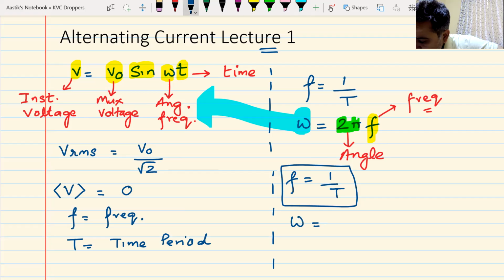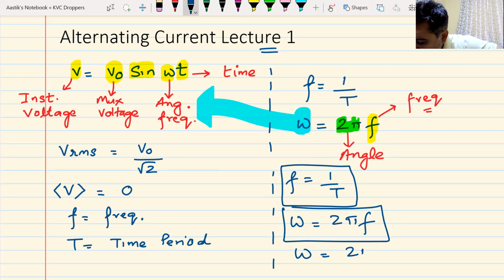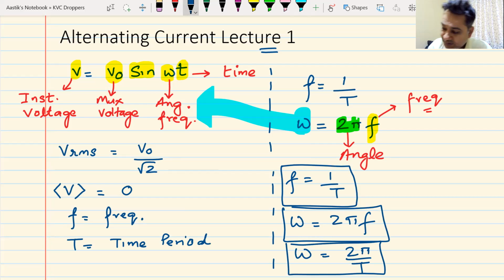Omega is 2 pi f. That is your second relation. And omega is 2 pi by T. That is your third relation. Do we understand all these three relations? Yes or no? Yes, sir.